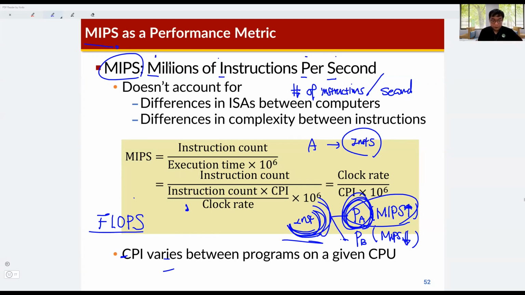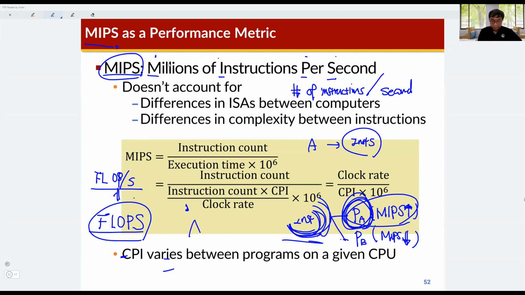But FLOPS are very similar to MIPS, because that means the number of floating point operations per second. It just measures the number of executed floating point operations per second by the processor.